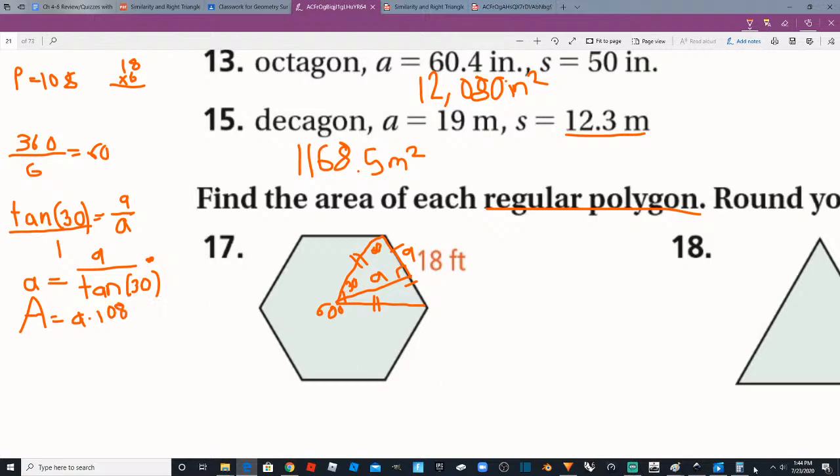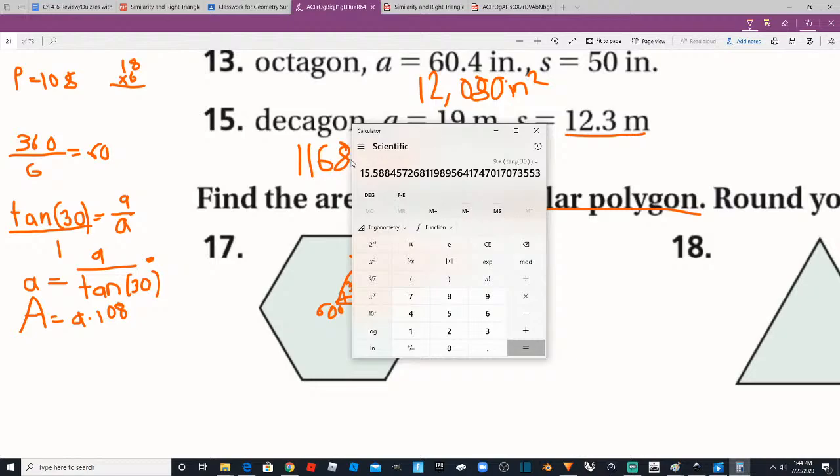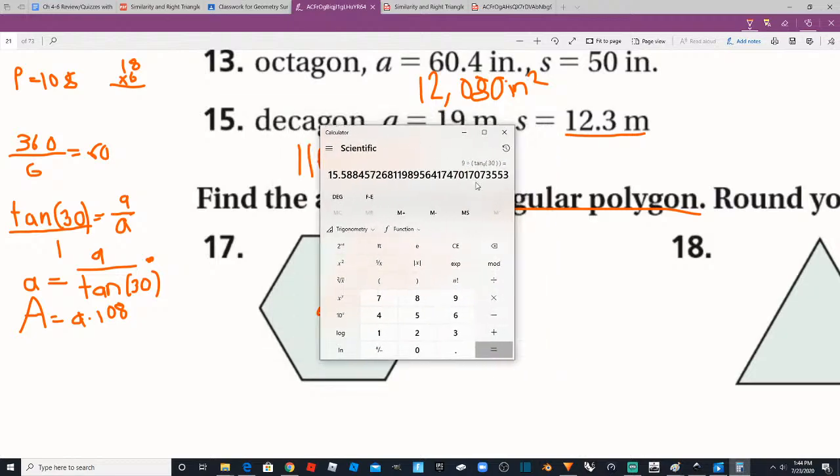So let's take that back. Let's bring our calculator back. Okay? Don't forget about it. And we're going to multiply it by 108, which gives us this long decimal, right? Okay, so we have that.